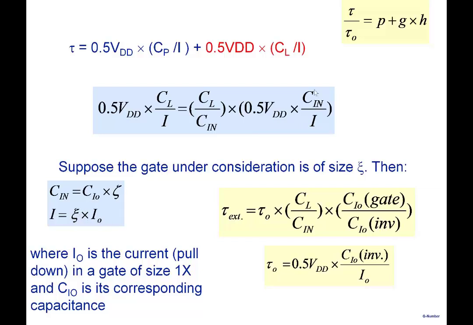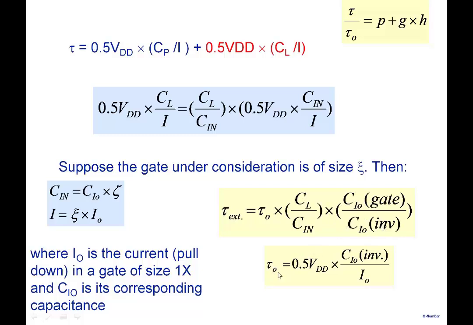So these two factors cancel out, and I get Ci0 by I0 of that particular gate, of size 1x. Then we normalize it by the Ci0 of the inverter and I0 of the inverter. So we can write this whole term as tau 0, CL by C in, into Ci0 of that gate by Ci0 of the inverter.